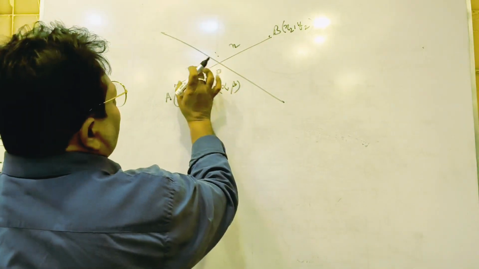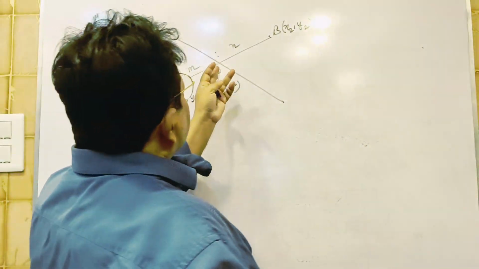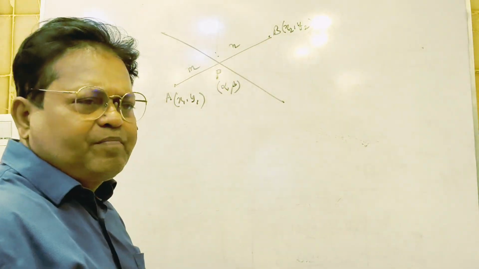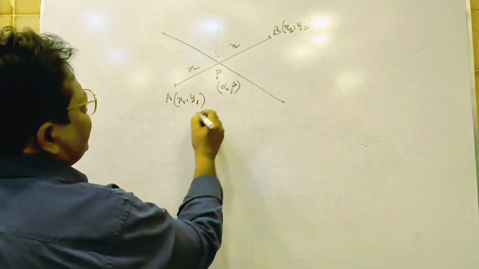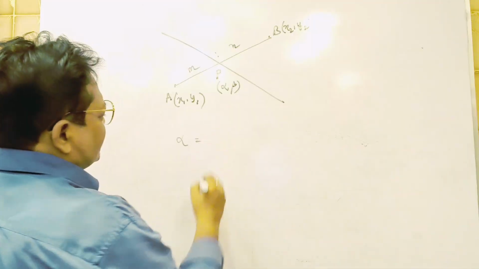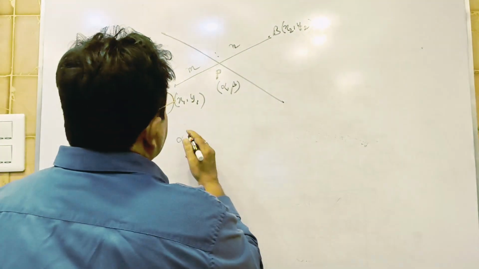That is, AP is not m but a multiple of m, and BP is also not particularly n, it is a multiple of n. So how will we find the coordinates of alpha and beta? Coordinate of alpha, how will we get it?